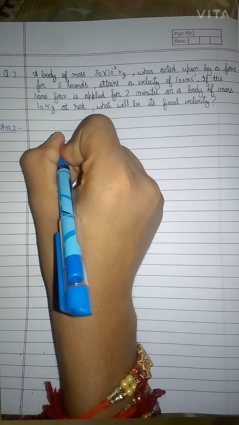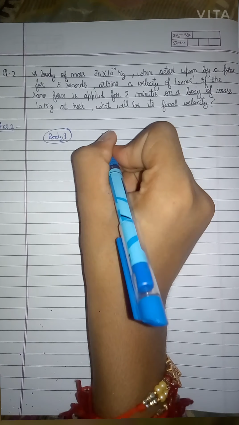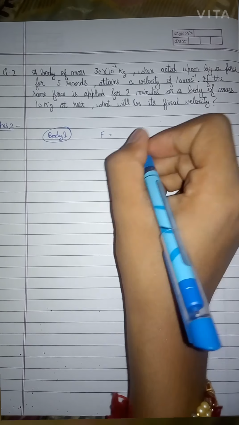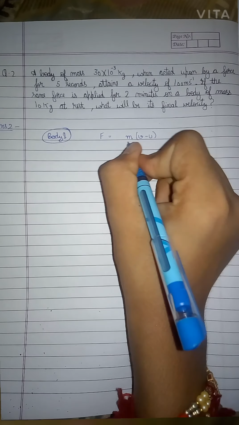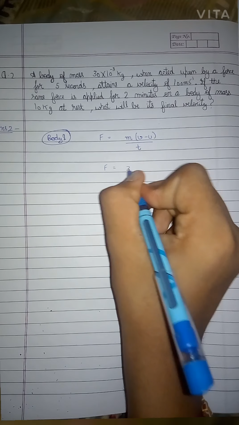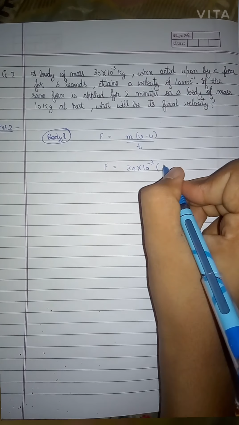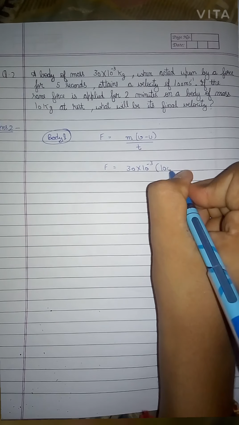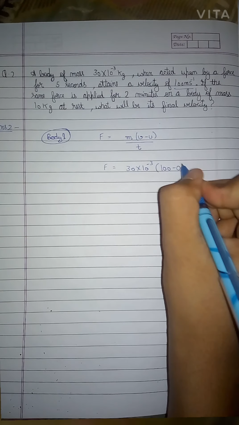So body 1, we will find its force, that is m(v minus u) upon t. m is equal to mass 30 into 10 to power minus 3, final velocity 100 meter per second, and initial velocity 0 upon time t 5 seconds.